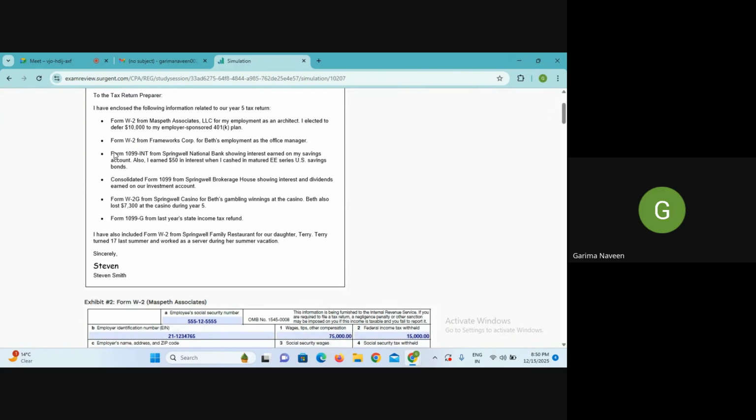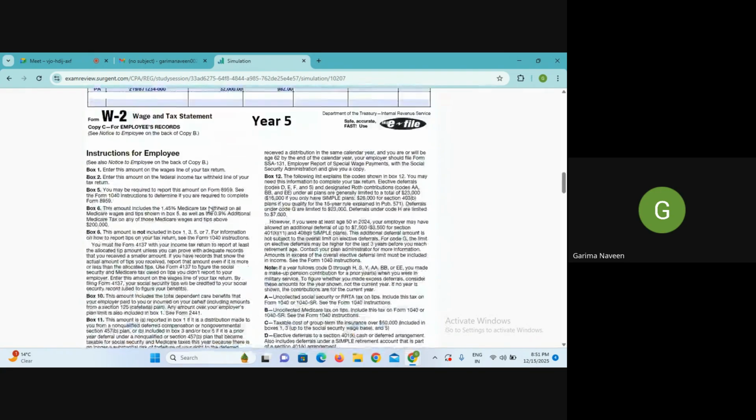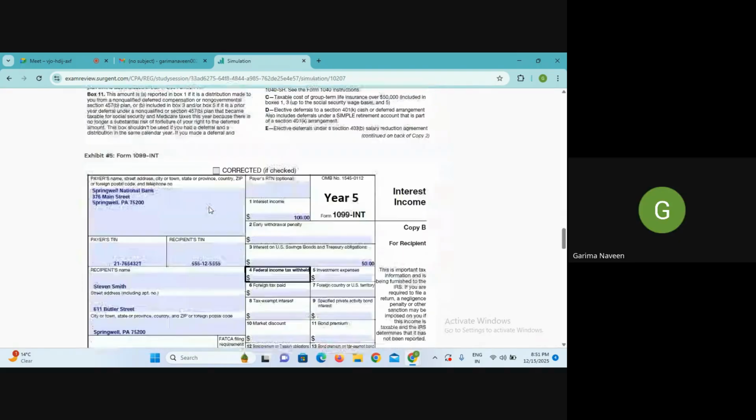Here you have to report your interest income. The first interest you are getting is from a bank, on a savings account. The second interest is when you are maturing your EE series bonds. These two interests are given. The first interest is reported on Form 1099, of amount $100.